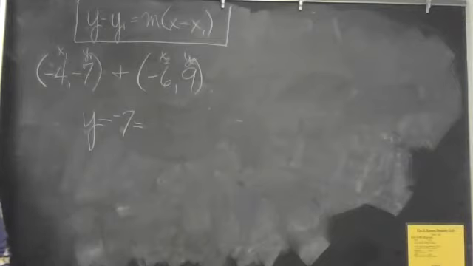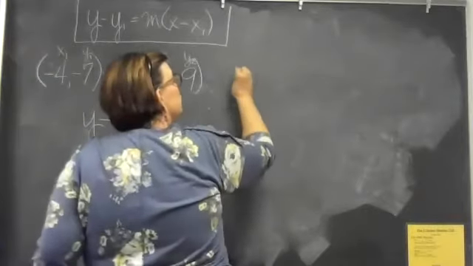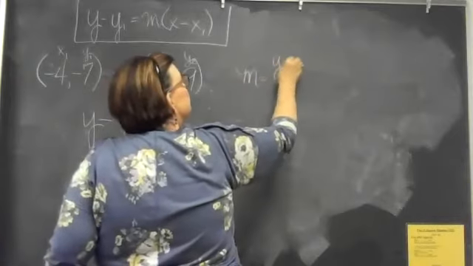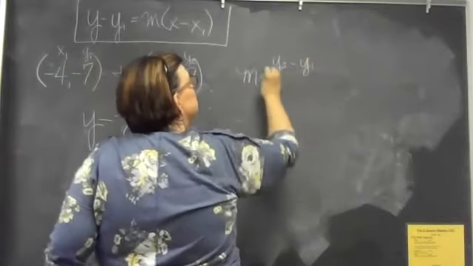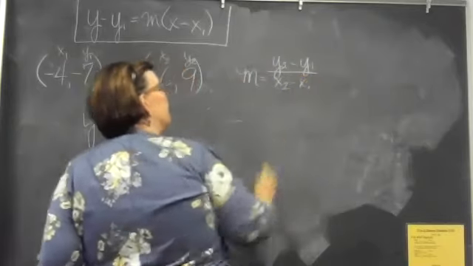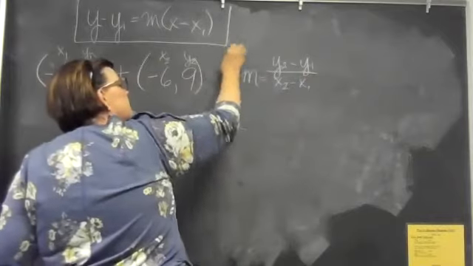But if we have 2 points, do we know how to find the slope? Say yes. Yes, we've done this. Okay, we've done this this week. Here is the formula for that. Remember this one? Remember that? Say yes. Okay.